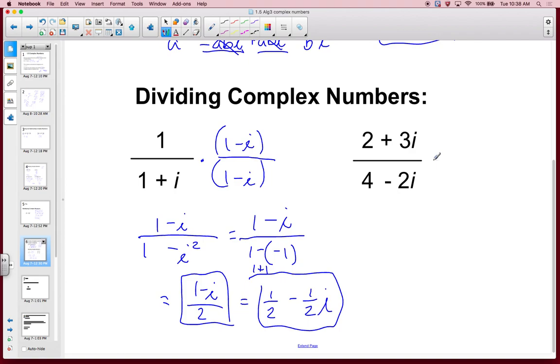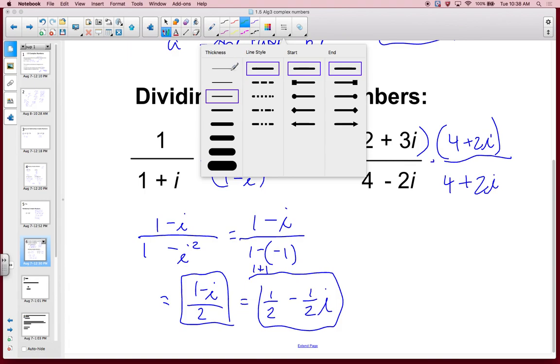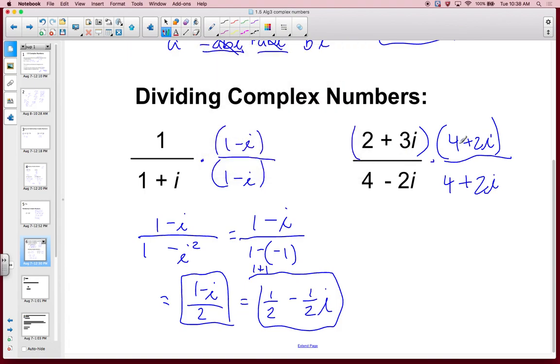All right, this one here, let's give this one a try as well. Multiplying it by the conjugate, we have a 4 plus 2i, a 4 plus 2i. The numerator we do have to FOIL, okay, because those are not conjugates. So we'll do that.